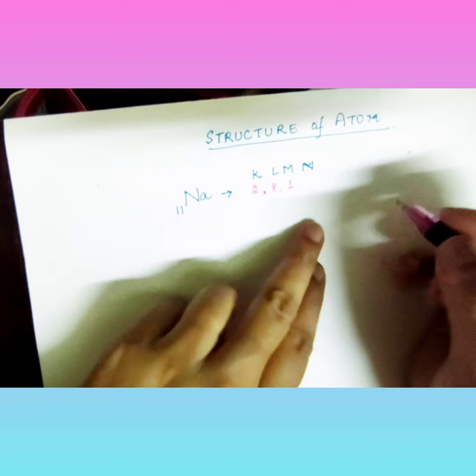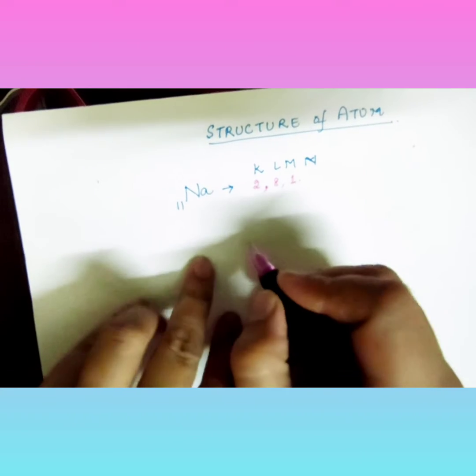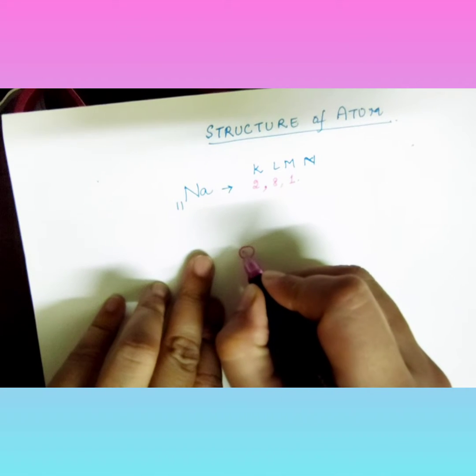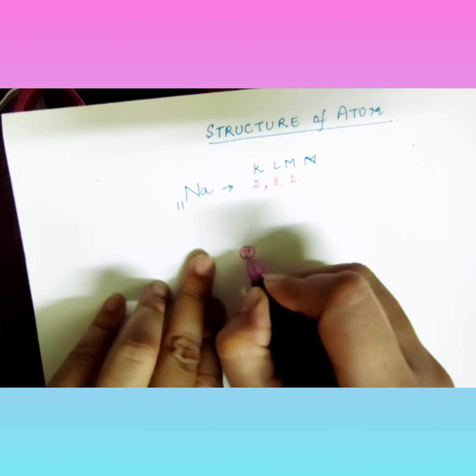Now in this state, the structure of this sodium is something like this, where at the center we have nucleus in which the 11 protons and neutrons are lying together.